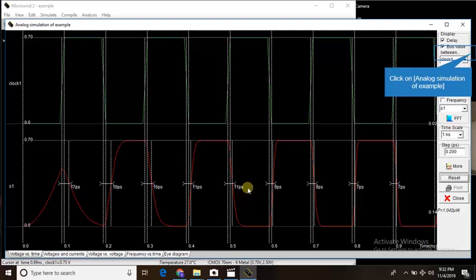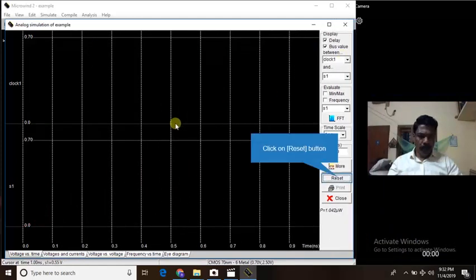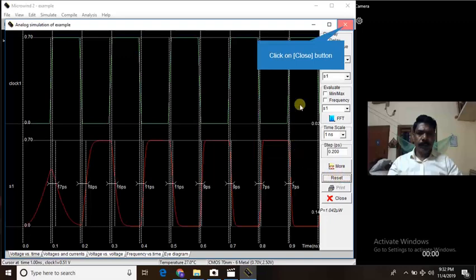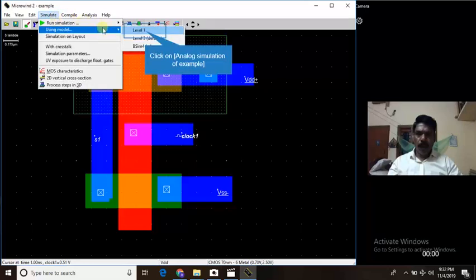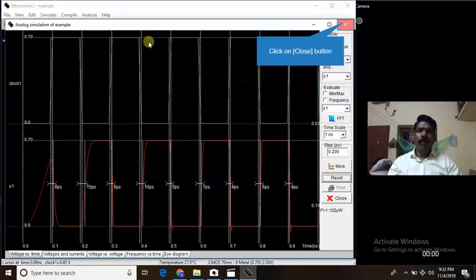So this is a timing analysis of the inverter. Suppose you do the same analysis with a different model, say level 1.